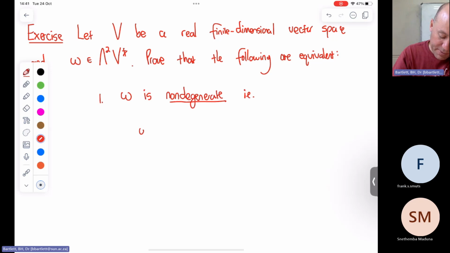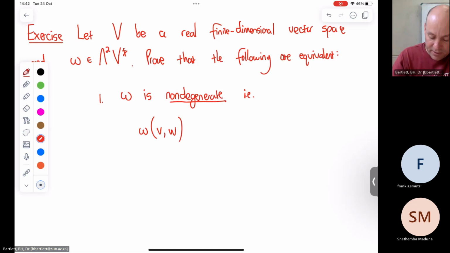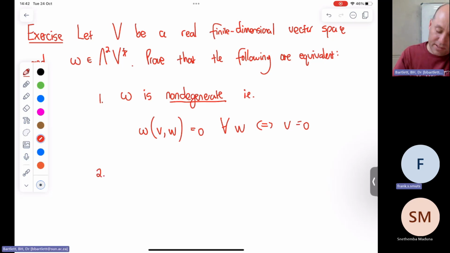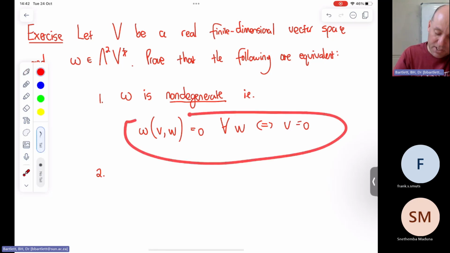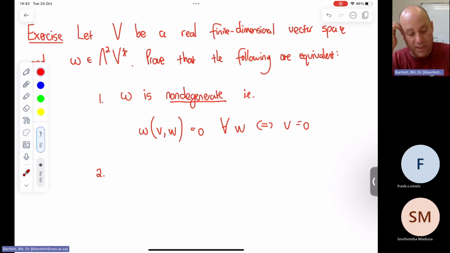I mean that if I think of omega as a machine which takes in two vectors in V and spits out a number, then that is 0 for all W if and only if the first vector is 0. Okay. And in this way of thinking, I'm thinking of omega as just a machine which takes in two vectors and spits out a number.